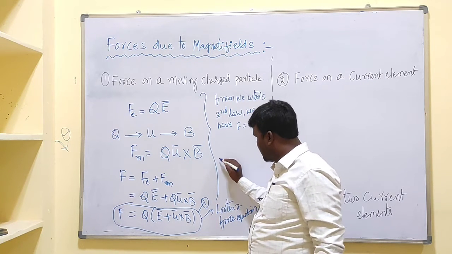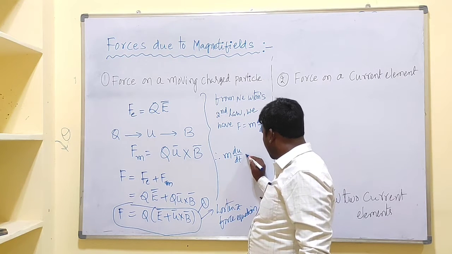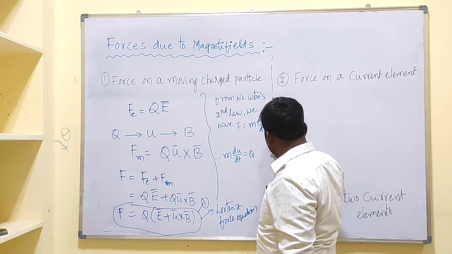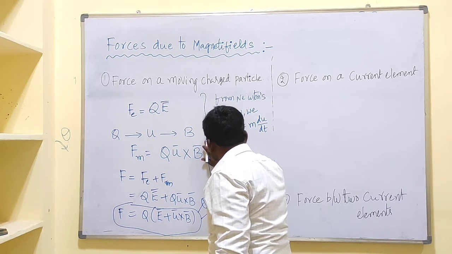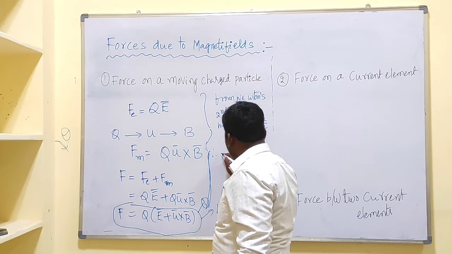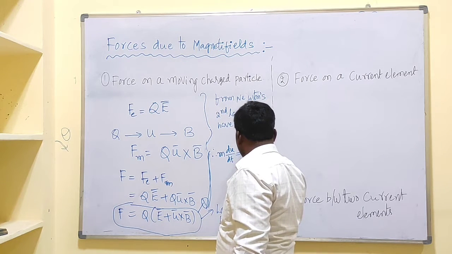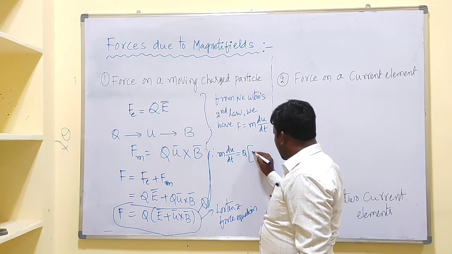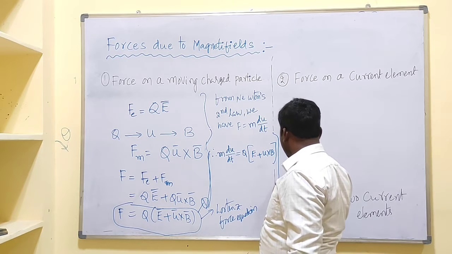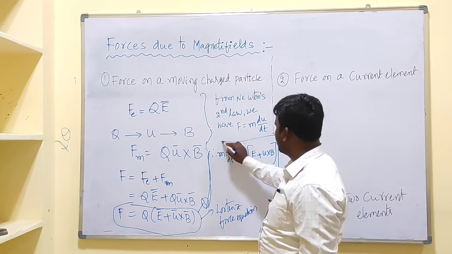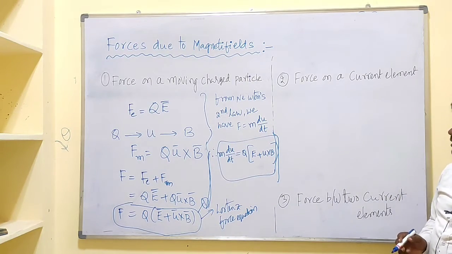Therefore, equation 1 can be written as m into du by dt equal to Q into E plus U cross B. This is about the force on a moving charged particle.